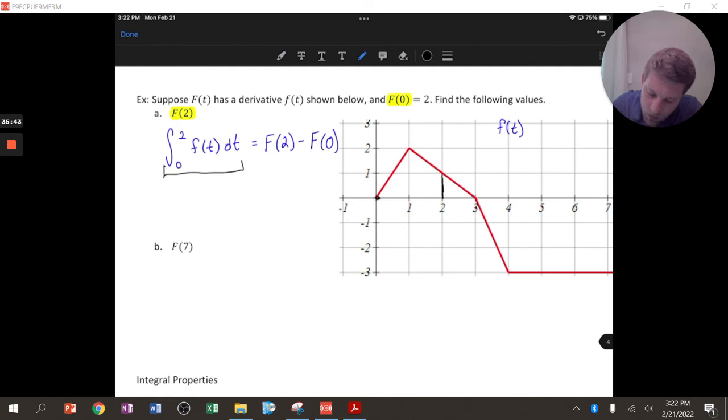From 0 to 2, it looks like we have some shapes that we could figure out here. First off, there is one full box of area. It looks like a 1/2 of a box of area on top of that.